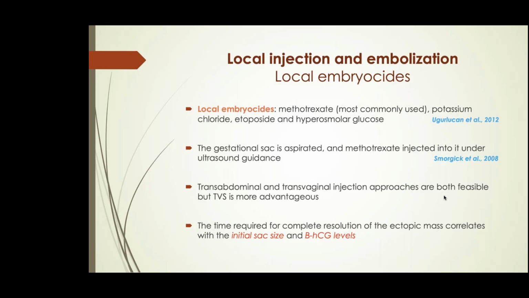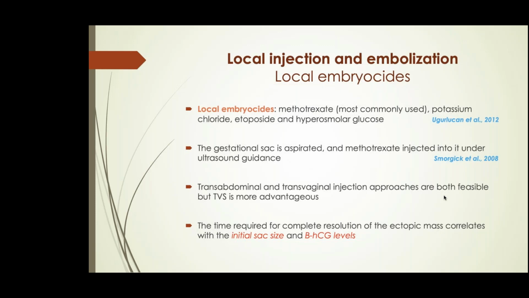It's the same as those of you who work in IVF or have experience in IVF. This is the same needle and the same procedure as you do for embryo reduction. So using a transvaginal probe and needle, or a needle guide, you pierce the gestational sac, you aspirate the fluid, the amniotic fluid that is there, and you inject the methotrexate.